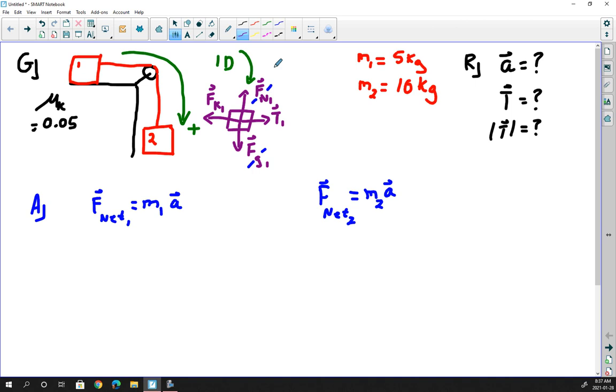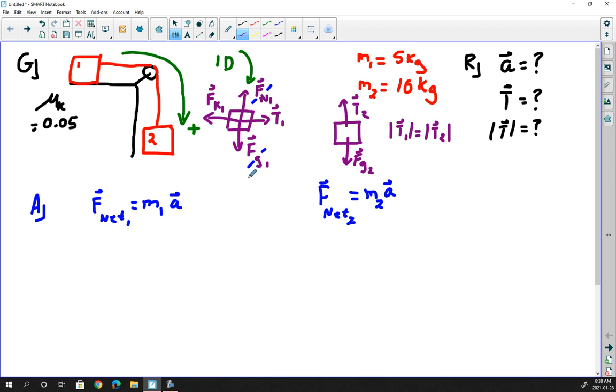It's horizontal, like back in grade 11. Then on object number 2, you've got tension 2 and the force of gravity on the second object. Since there's one string here, the magnitudes of tension 1 and tension 2 are equal, since they're on the same string.